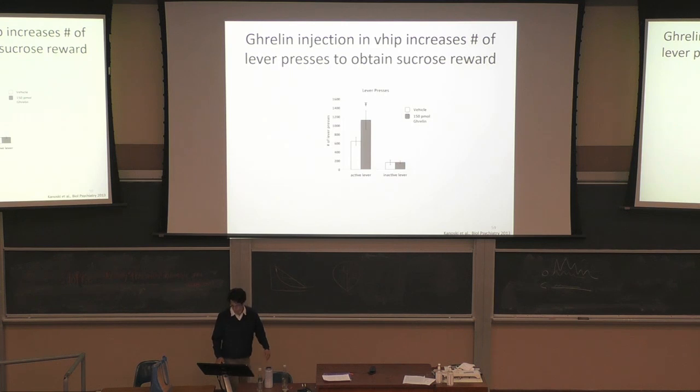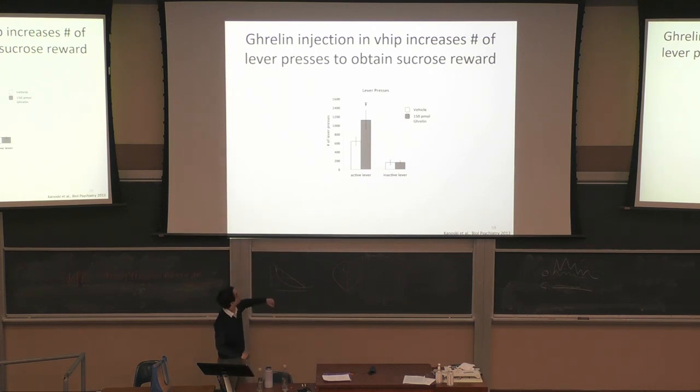Okay. Then they also tried to see if this ghrelin injection not only caused the mouse to eat more, but also caused some more sophisticated type of food seeking. So rather than the food just being there and the mouse eats, would the mouse also do a more learned instrumental action like lever pressing to get food if the ghrelin is injected in the ventral hippocampus?